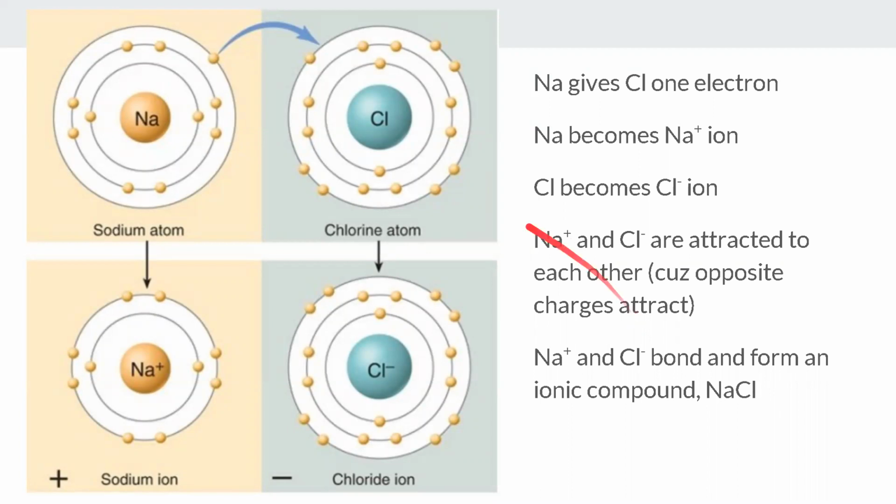Na loses an electron, so it becomes Na plus. Cl gains an electron, so it becomes Cl minus. And because Na plus and Cl minus are a positive and negative ion, they are attracted to each other and they bond. That is called ionic bonding. They form the compound NaCl, which is also known as salt.